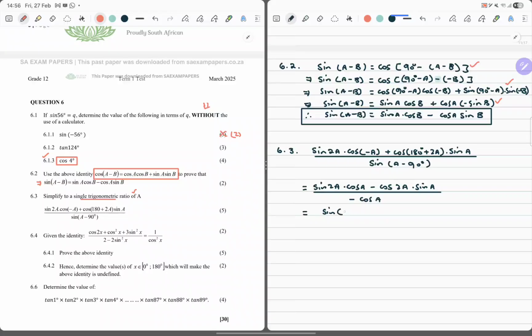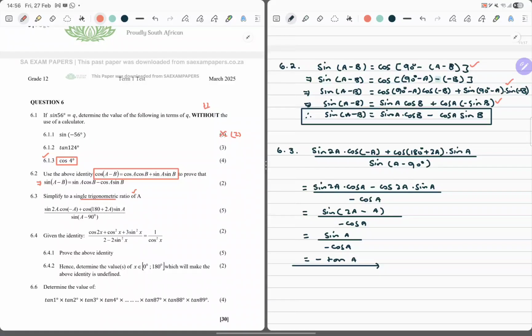So this is going to be sine of the first angle minus the second angle divided by minus cos a. Now 2a minus a is just going to be sine a divided by minus cos a. Now sine over cos for the same angle is going to be minus the tangent of a. Now this is in its simplest form.